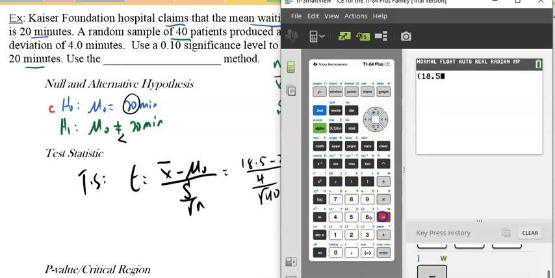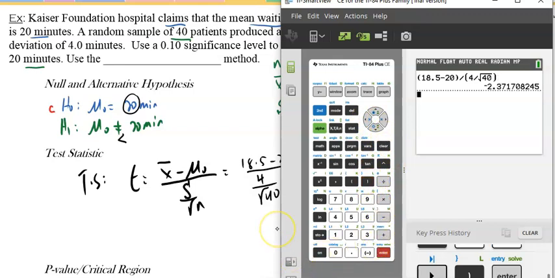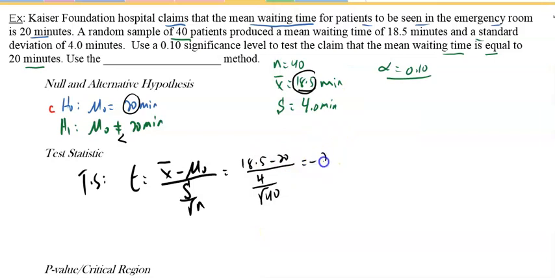Exactly as you see it. This calculator could keep track of that. Close parentheses, negative 2.372. Negative 2.372.